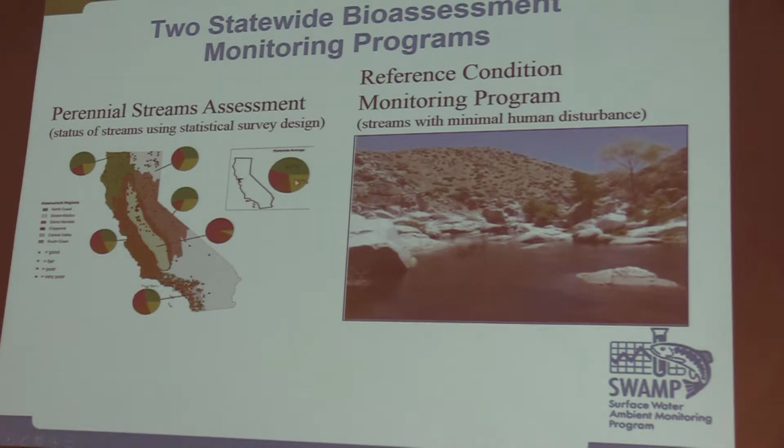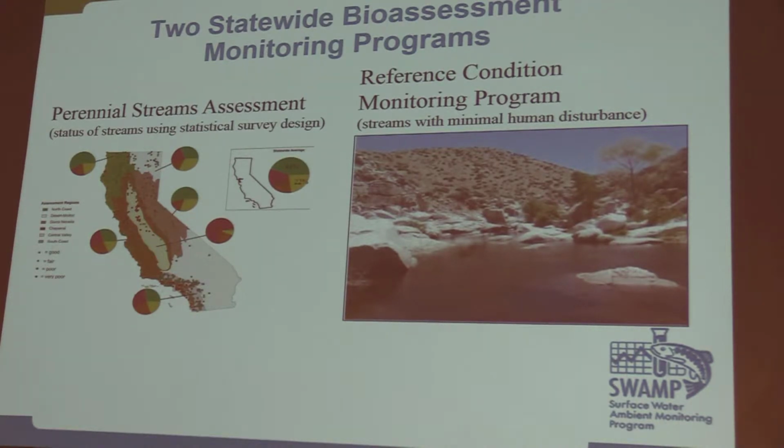So statewide, there's about 44% of stream length which are in the likely intact biological condition, which is greater than or equal to 0.92. This yellow here, which is 22%, that's the possibly altered. And then the red and orange represent the very likely altered CSCI conditions.